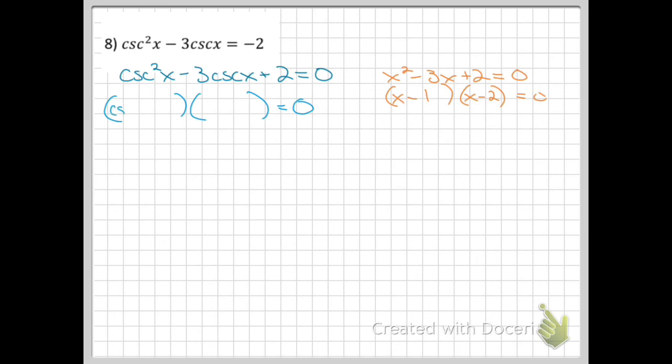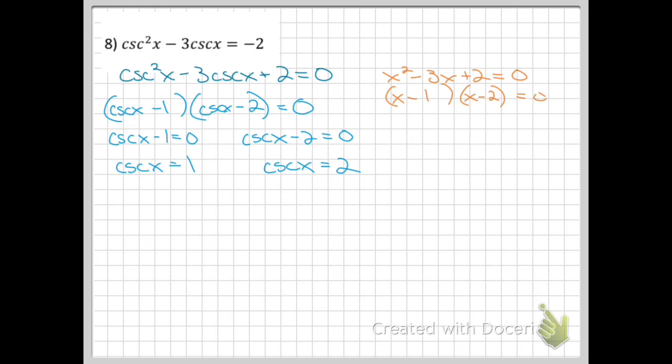So this would be cosecant x minus 1 times cosecant x minus 2. You could always multiply it out on an area diagram to double check. Then, zero product property. Solve for cosecant.